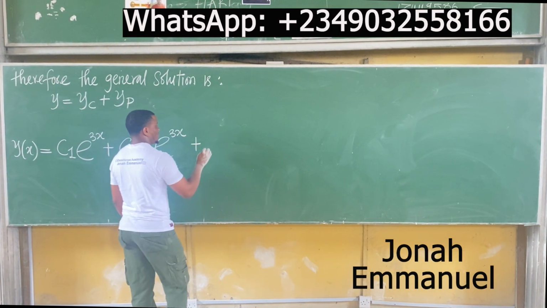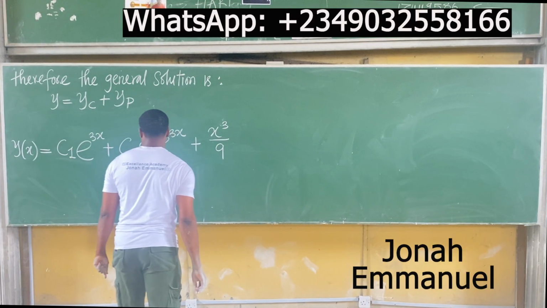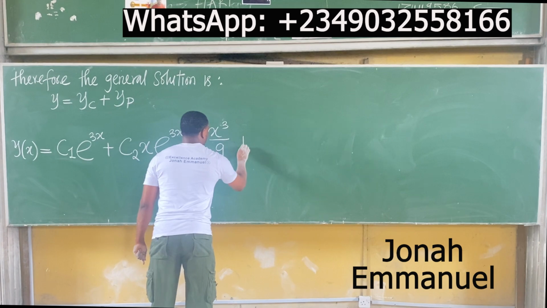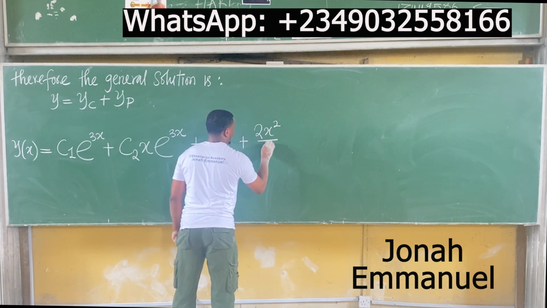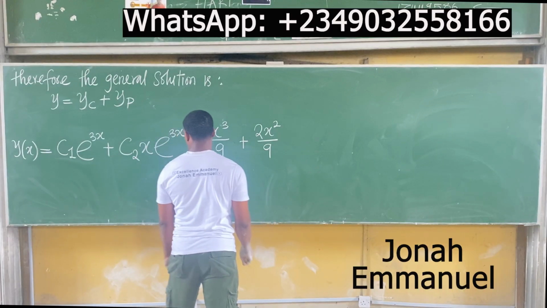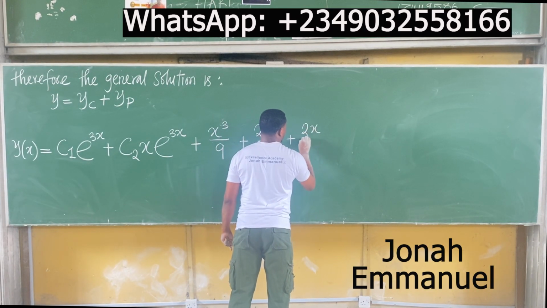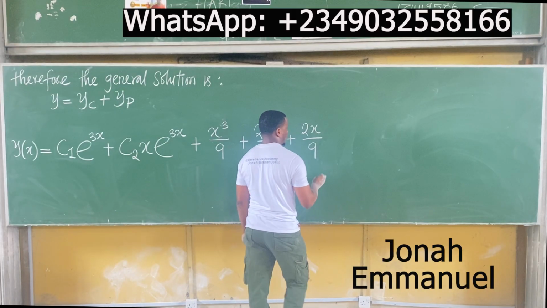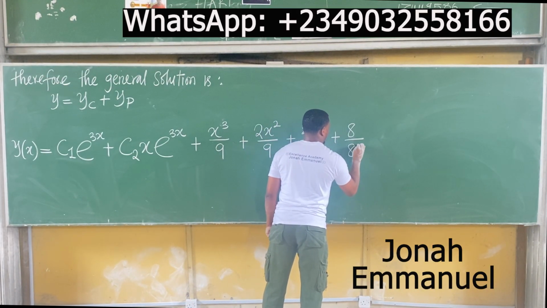What do you have there? X cubed all over 9 plus 2x squared all over 9 plus 2x all over 9 plus 8 all over 81.